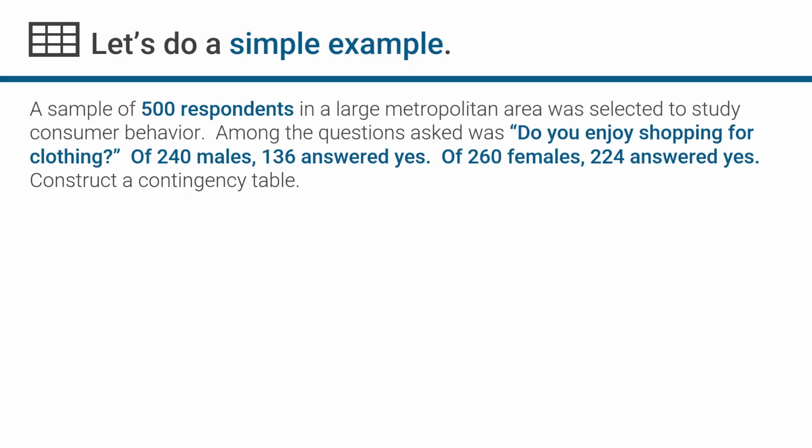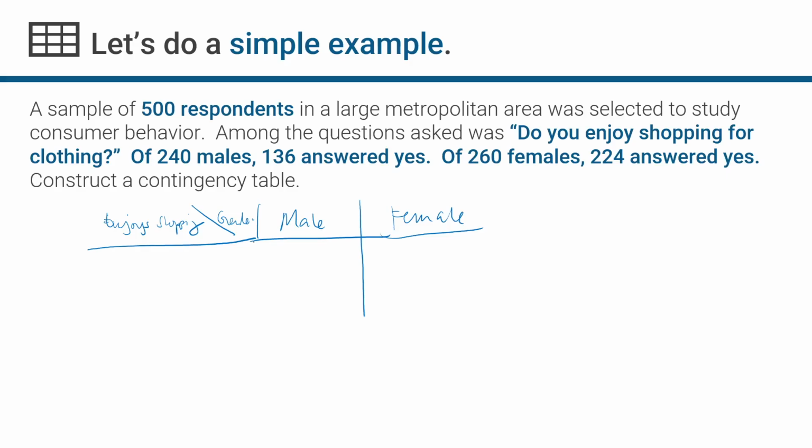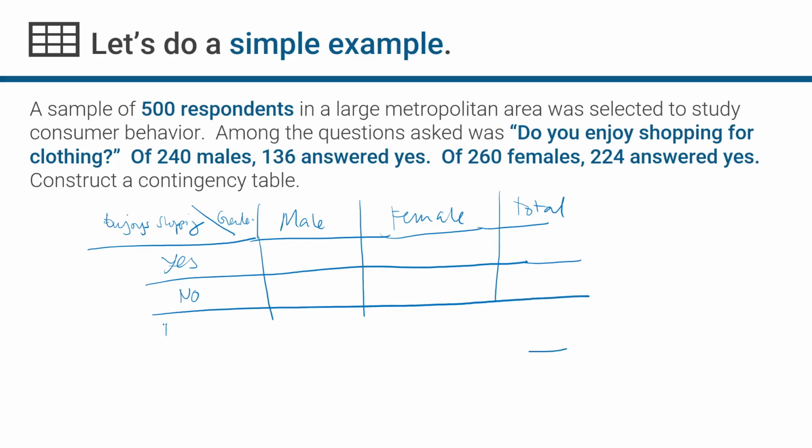Okay, so we have this, enjoys shopping, and then this one is the gender, male, then female, then we have yes or no. Yes, and no. Okay, so we have a total of 500.